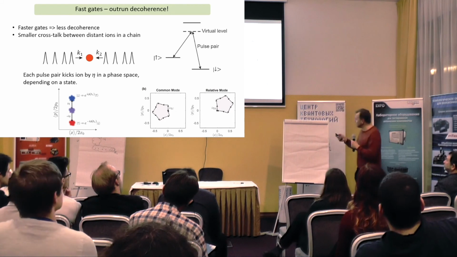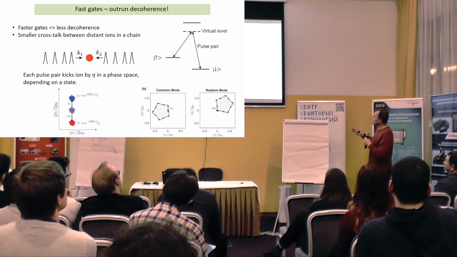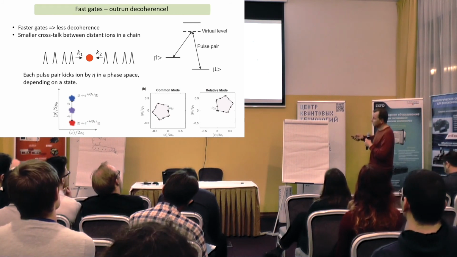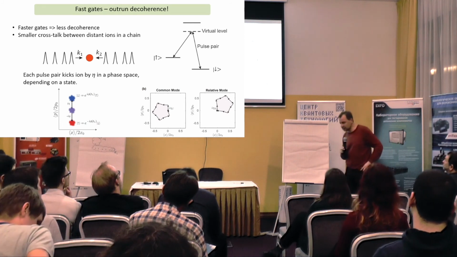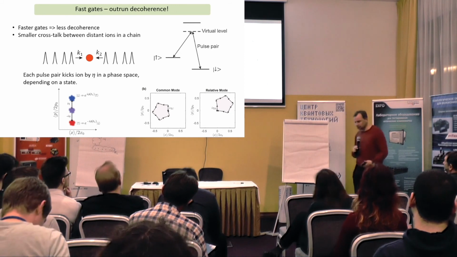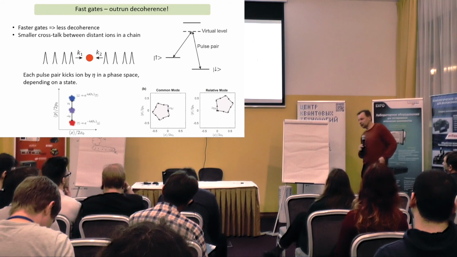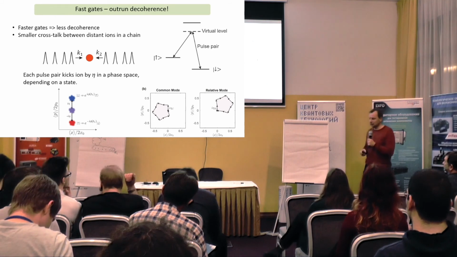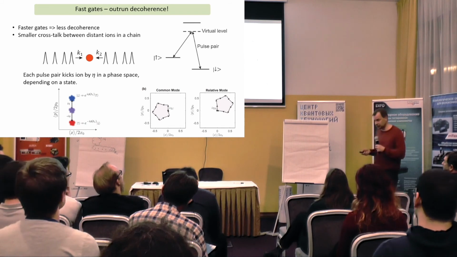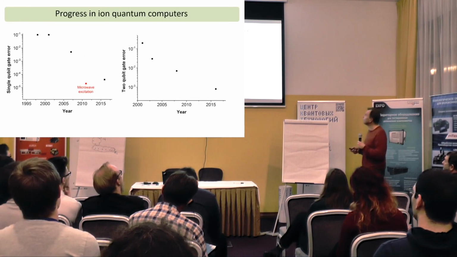But this is the way one can think about how fast train pulses can help accelerate quantum computation using ions and still have good fidelity. So this is what one can think about in some future.